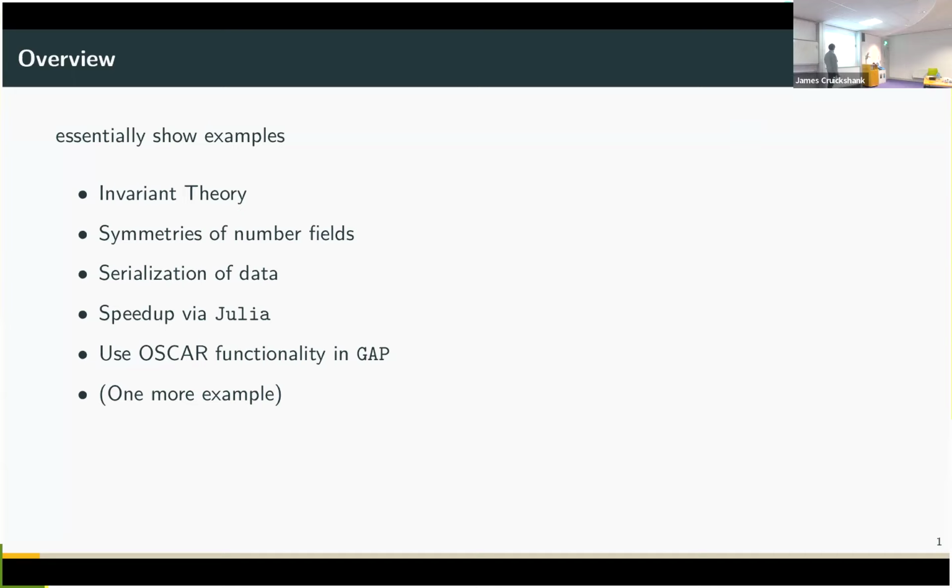Then one important point, independent of the mathematical area: serialization of data provided by OSCAR, also interesting for users of GAP, as well as other systems. So that's something I wanted to show. Then I wanted to give one more flavor of example, how one can get speed up via Julia, having in mind how users of GAP can benefit from that if they don't really want to use OSCAR, but just have a very efficient function.